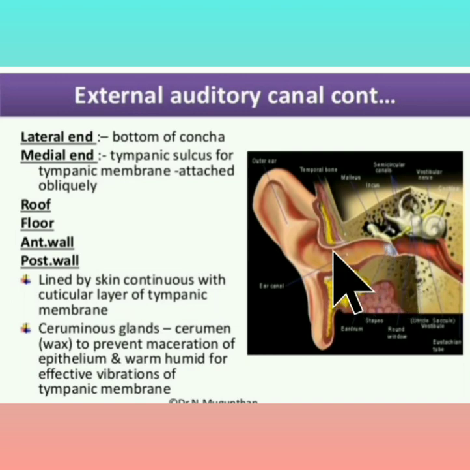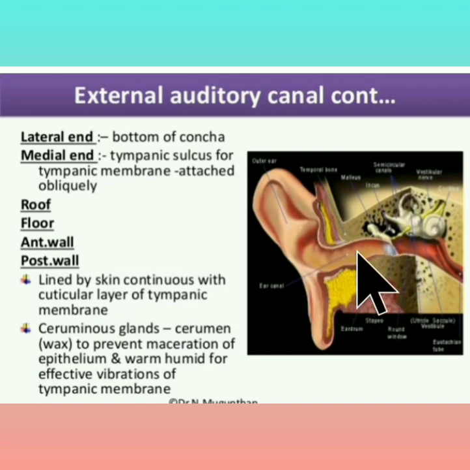It consists of a roof, floor, the posterior wall, and the anterior wall, which covers and attaches to the roof and floor. So it consists of lateral end, medial end, a roof, floor, posterior wall and anterior wall.